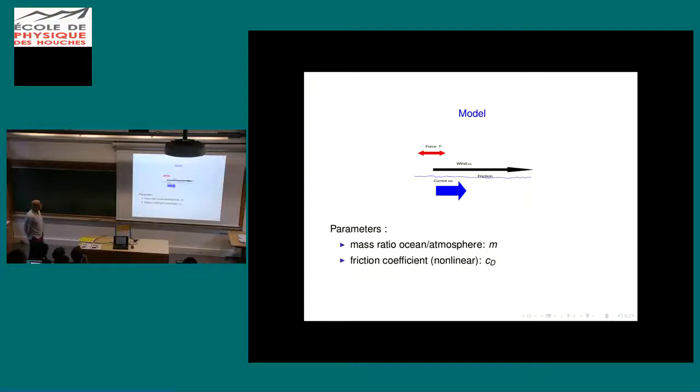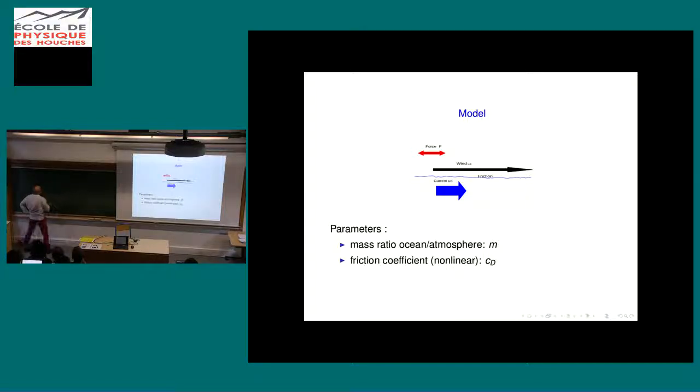Then there is another very important parameter, the friction coefficient. I use nonlinear friction during all my talk. The friction force per unit area in my models is always given by this drag coefficient times the atmospheric density times U_S.